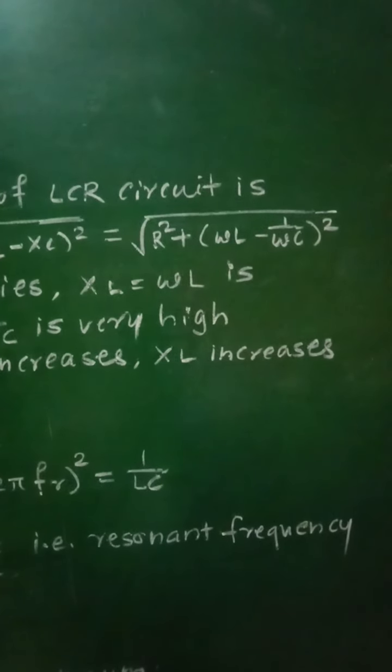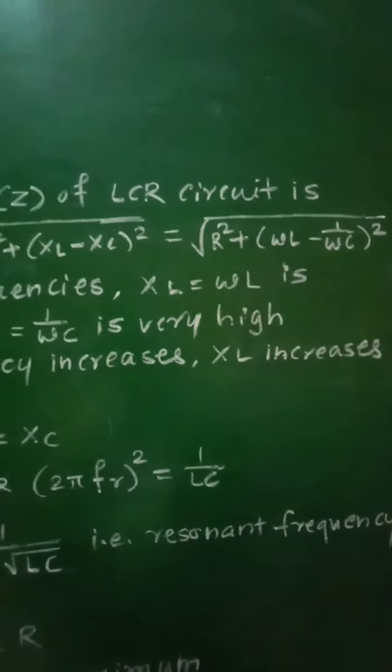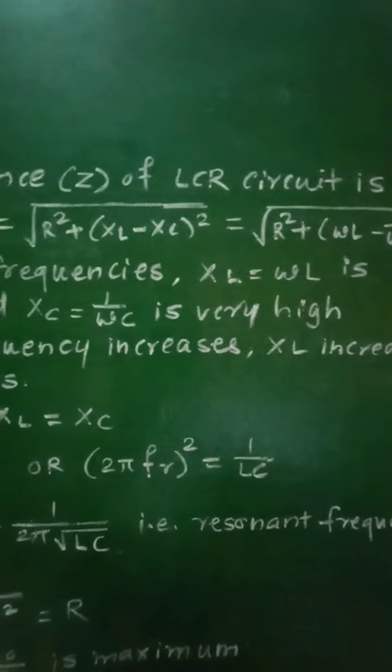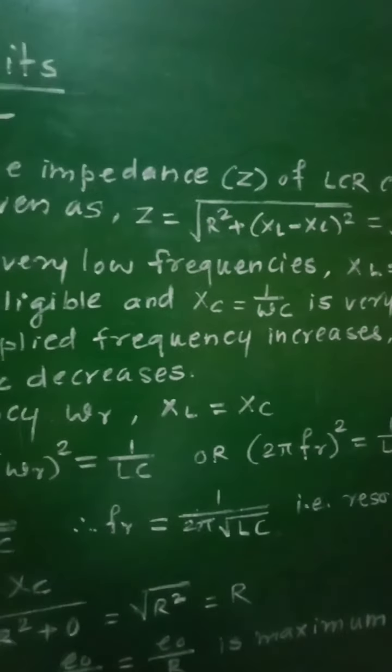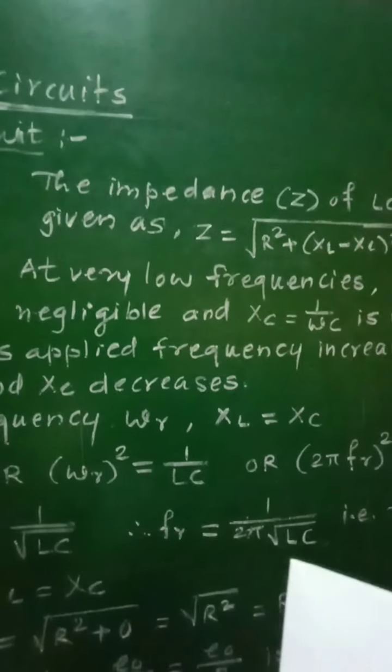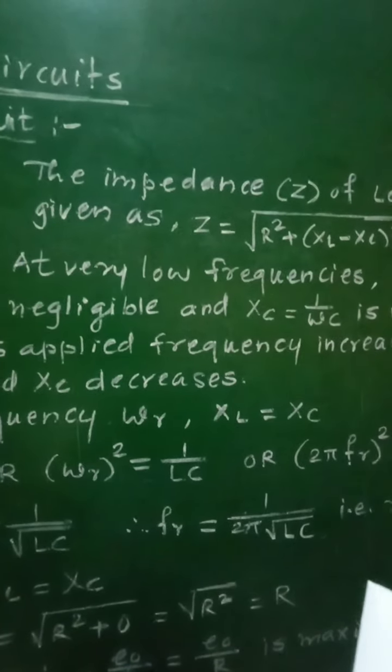So this equation gives us the impedance, that is the total resistance of that series combination of inductor, capacitor, and resistor.